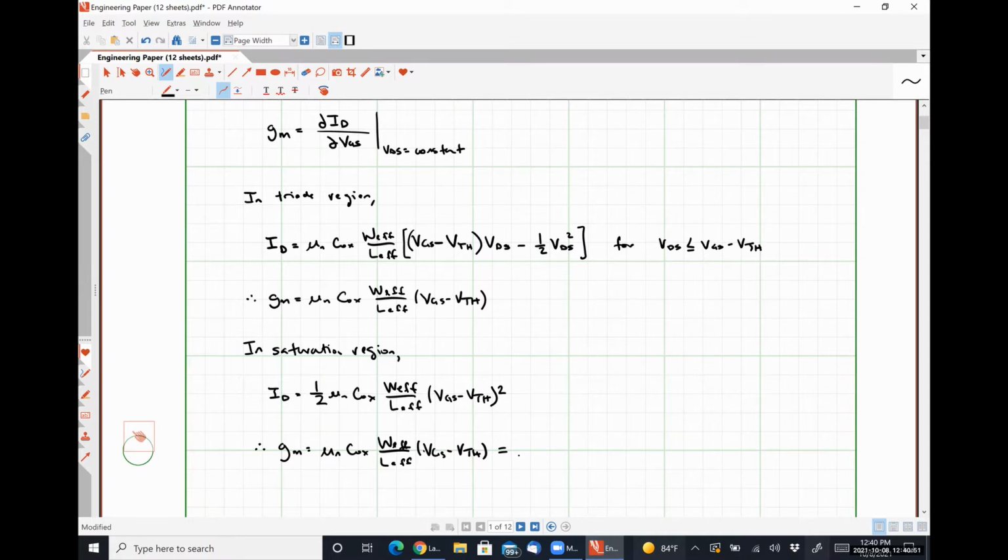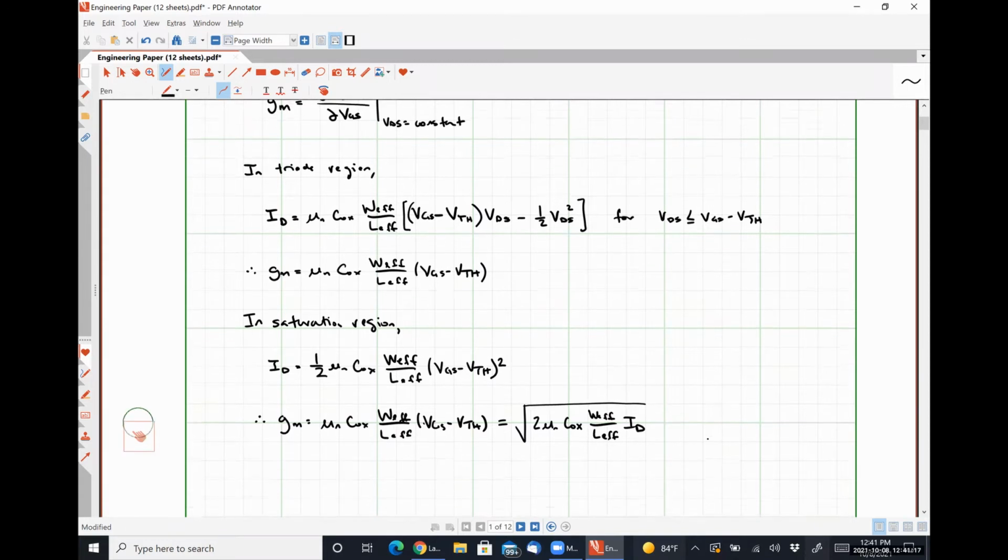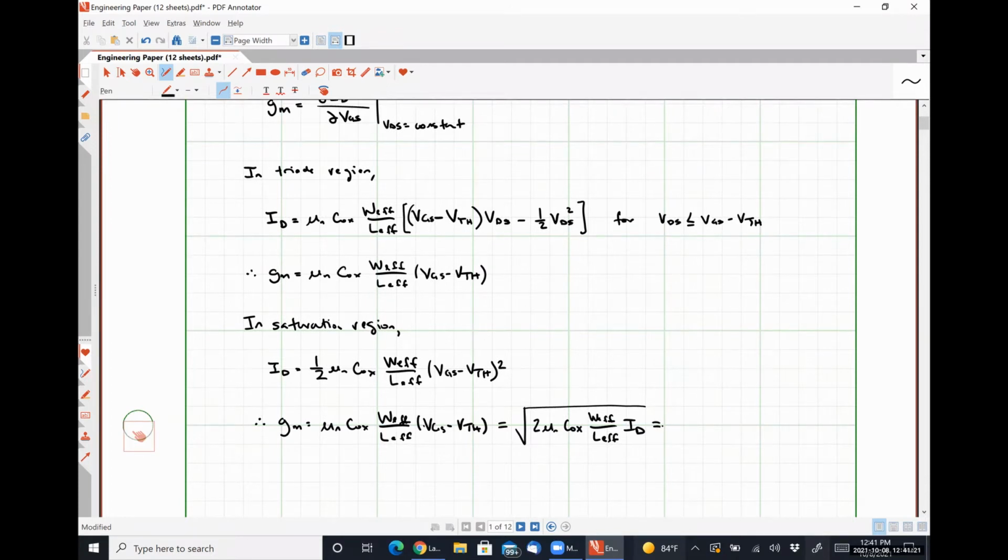Another way we could express this transconductance is the square root of twice mu n Cox W effective over L effective times our drain current ID, or if for whatever reason we don't know the mobility and oxide capacitance, we could express this as twice ID divided by VGS minus VTH, for VDS greater than or equal to VGS minus VTH.